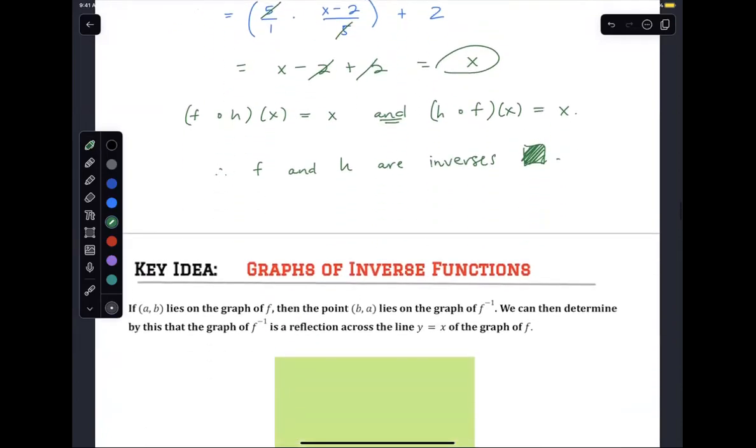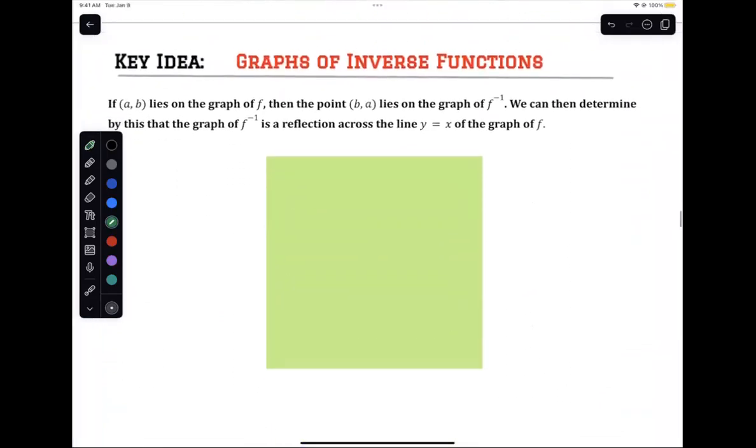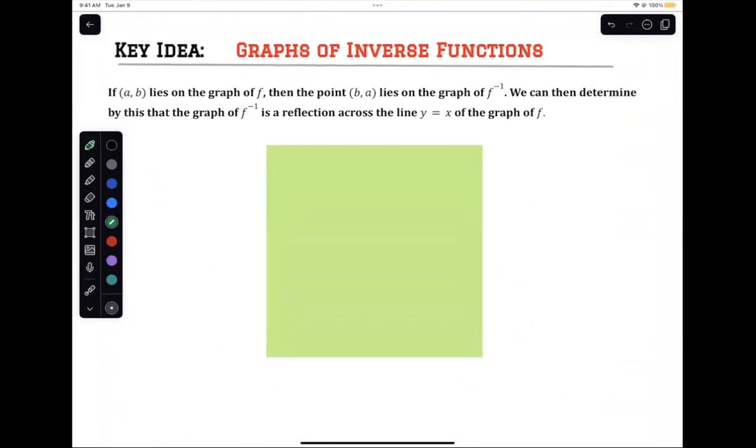Okay, we should have seen this last year, but just some review. If you know that the point (a, b) exists on the graph of f, then for the inverse, the point (b, a) will lie on the graph of the inverse. You take the inputs and outputs and they switch.